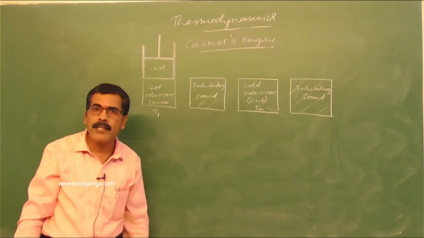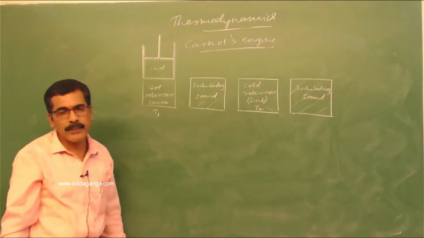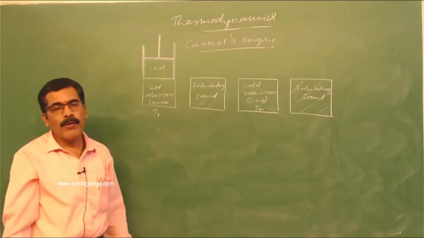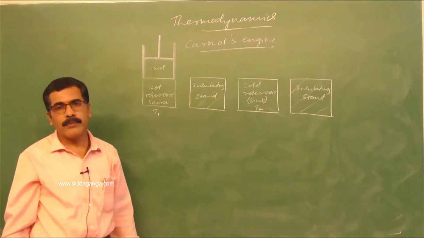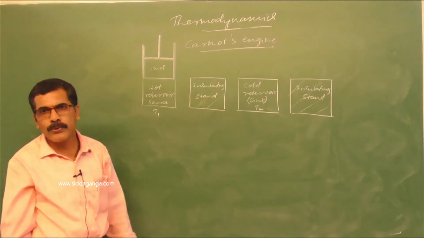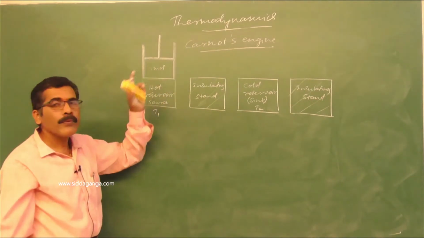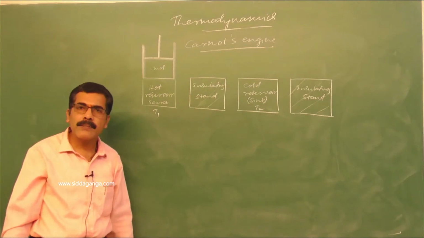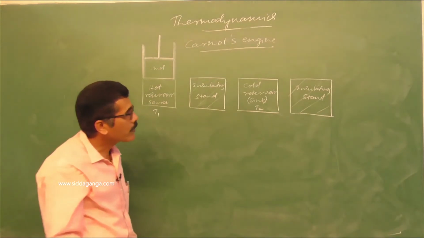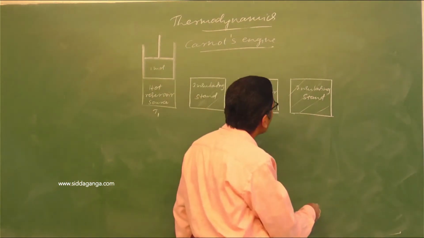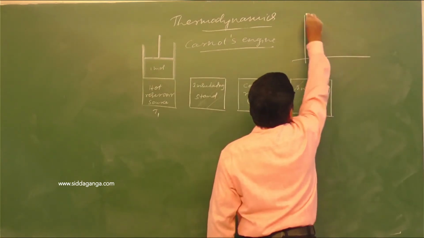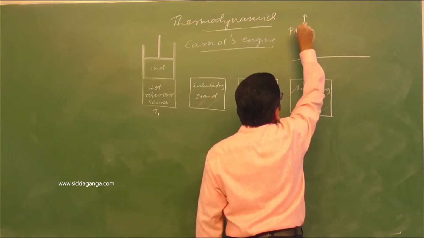The ideal gas is the working substance. That's why I told you it is an ideal heat engine. He has taken 1 mole of ideal gas, or generally ideal gas, maybe mu moles, whatever it may be, inside the cylinder. Now let us understand how it works, and the performance is indicated by the indicator diagram or PV diagram.